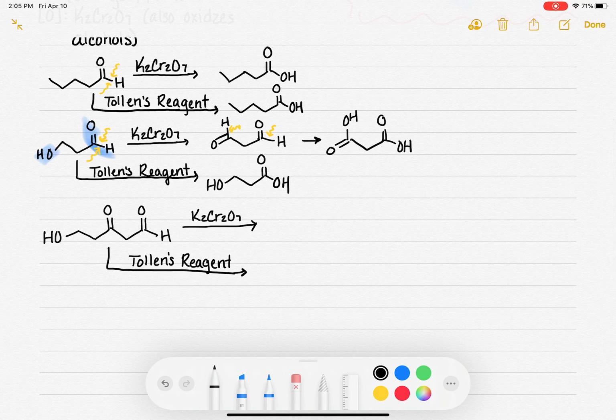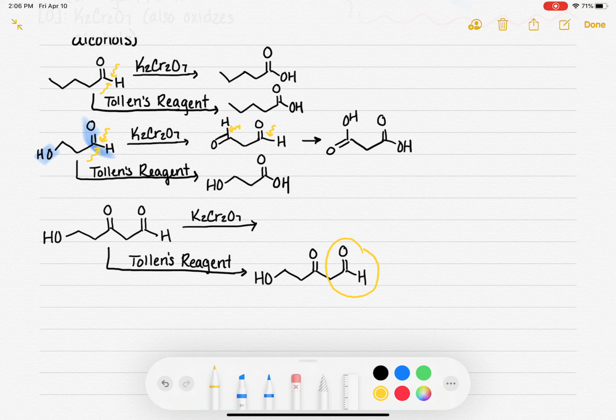So starting with Tollens reagent, again, because this is a big molecule, I would like to redraw the whole molecule. And I'm going to focus on just the aldehyde group because that is the only part of the molecule that can be affected by Tollens reagent.